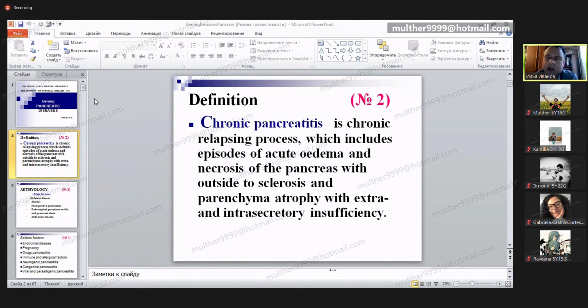The second way is the transformation of the acute abortive pancreatitis to sterile pancreatitis. And the final step is the formation of the purulent complications of the sterile pancreatitis.